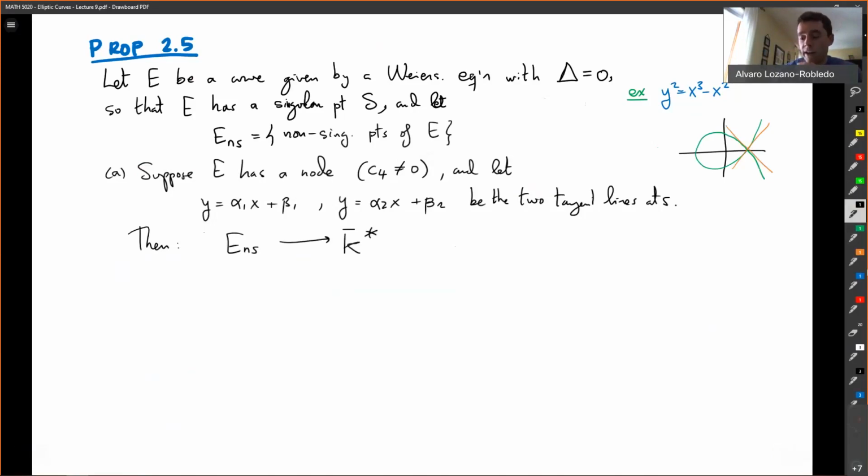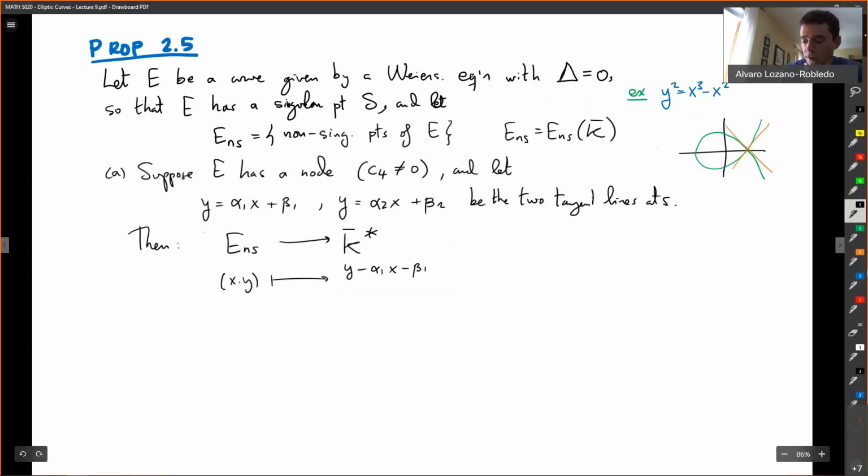Okay, so E_ns over K bar, the group of points over K bar that are non-singular. And I can give you the isomorphism: (x, y) goes to (y minus alpha 1 x minus beta 1) over (y minus alpha 2 x minus beta 2). So this is an isomorphism of abelian groups.